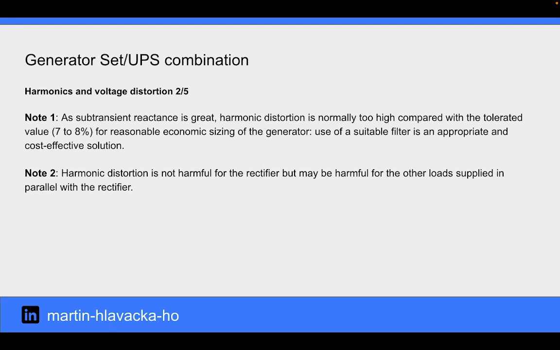As subtransient reactance is great, harmonic distortion is normally too high compared with the tolerated value for reasonable economic sizing of the generator. The use of a suitable filter is an appropriate and cost-effective solution. Harmonic distortion is not harmful for the rectifier, but may be harmful for the other load supplied in parallel with the rectifier.